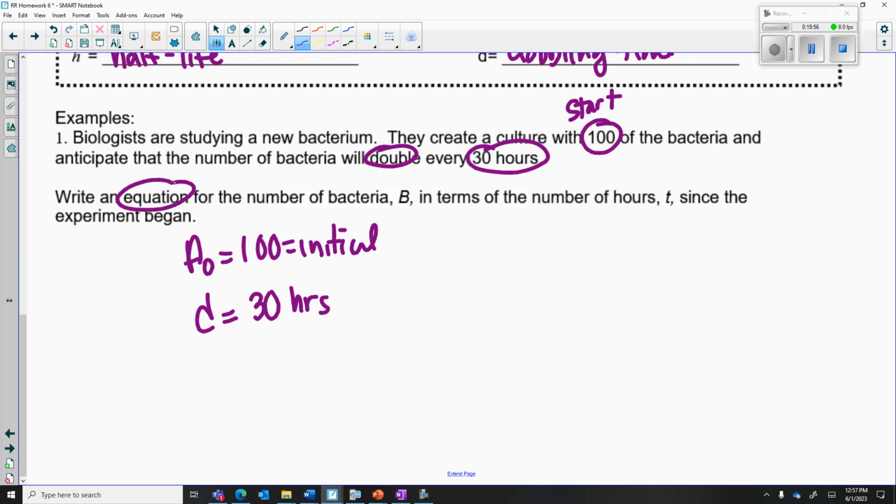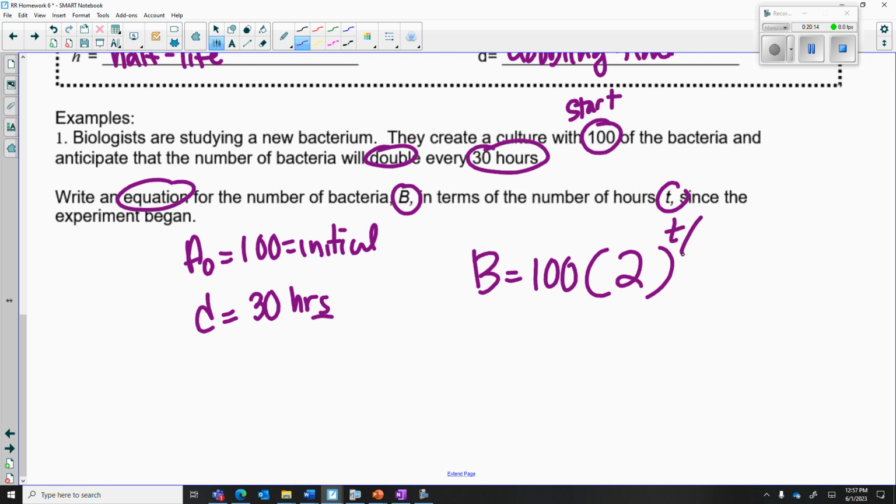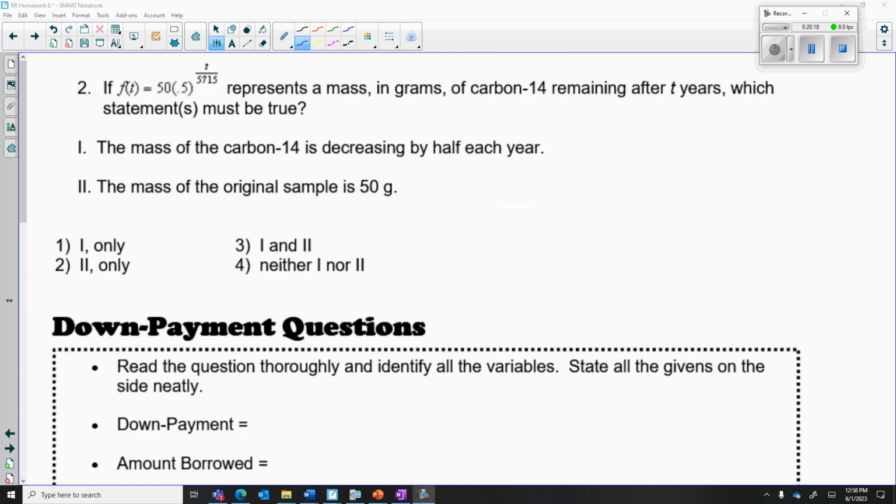It says write an equation for the number of bacteria b, that's like the final amount, in terms of the number of hours t of doubling time. So hours, hours, so that's important. So we're going to do initial amount, which is a sub 0, 100, doubling, so that's 2, and then it's t over d, so t over 30. That's it. We're done.